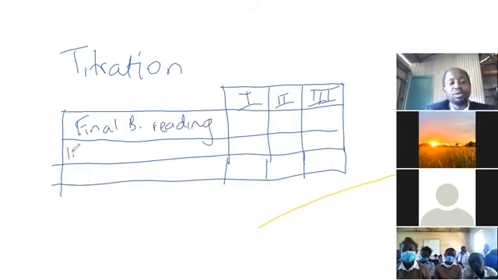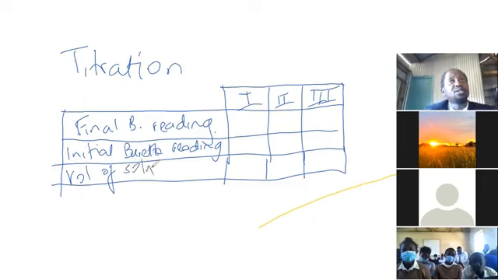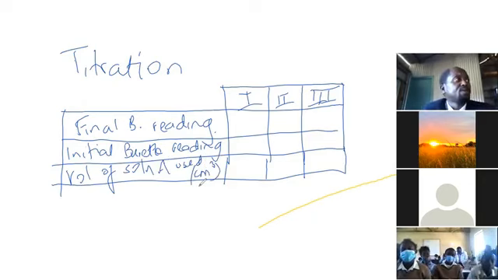Second row, initial burette reading. And the third row, the volume of a solution used. Maybe we can call it solution A used in cubic centimeters. After the table, what follows is the first question: calculate the average volume.